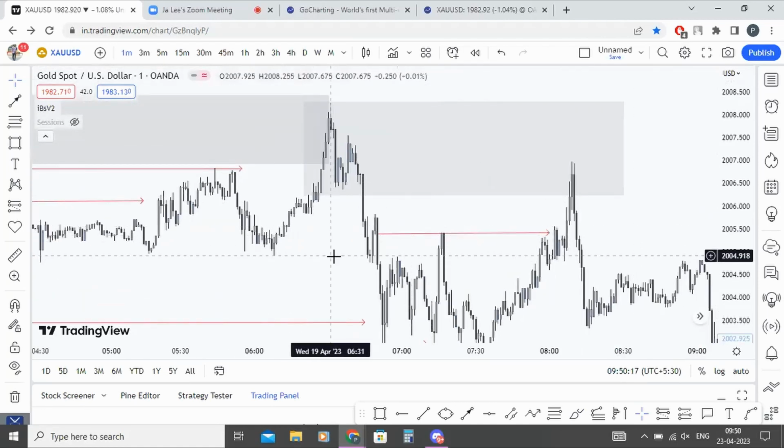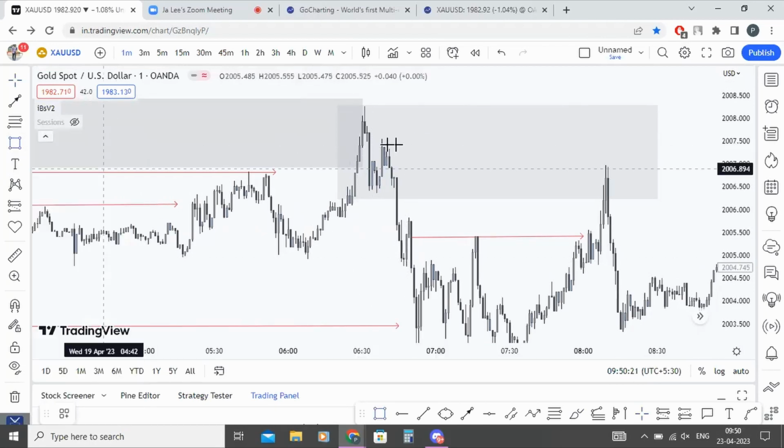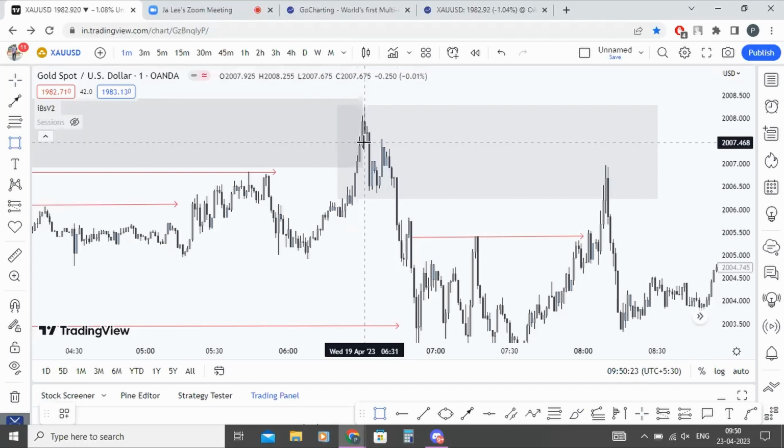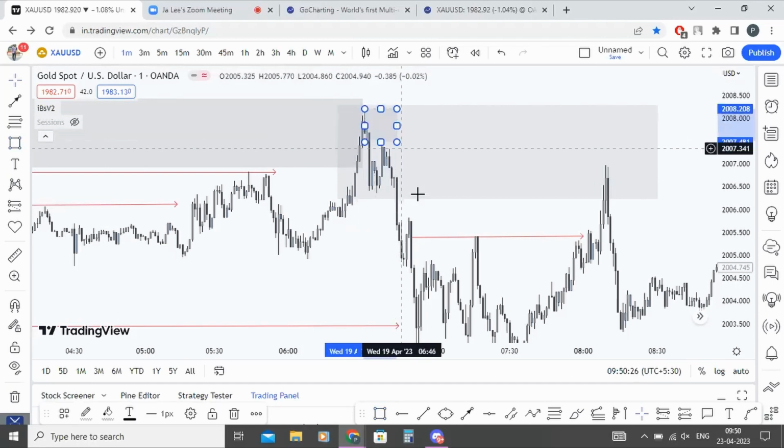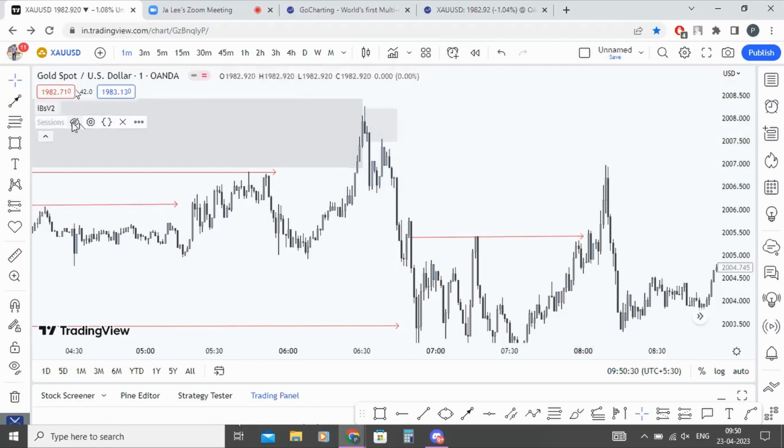So when we come to the 1M, we mark the 1M supply chain. This was the first supply holding right here on the 1M. So I will delete this area. And we have some kind of sweep right here.